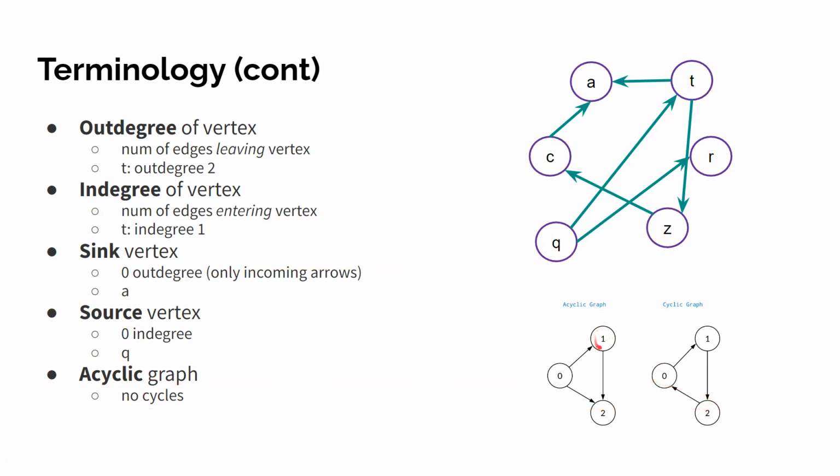So take this one. When you start at 1, you can't get back to 1. When you start at 2, you can't get back to 2. When you start at 0, you can't get back to 0. There's no way to get back. Versus this one, you start at 0 and you can get back to 0 easily. So 1, 2, 3. If there's even one cycle, that's enough to say that it is a cyclic graph.